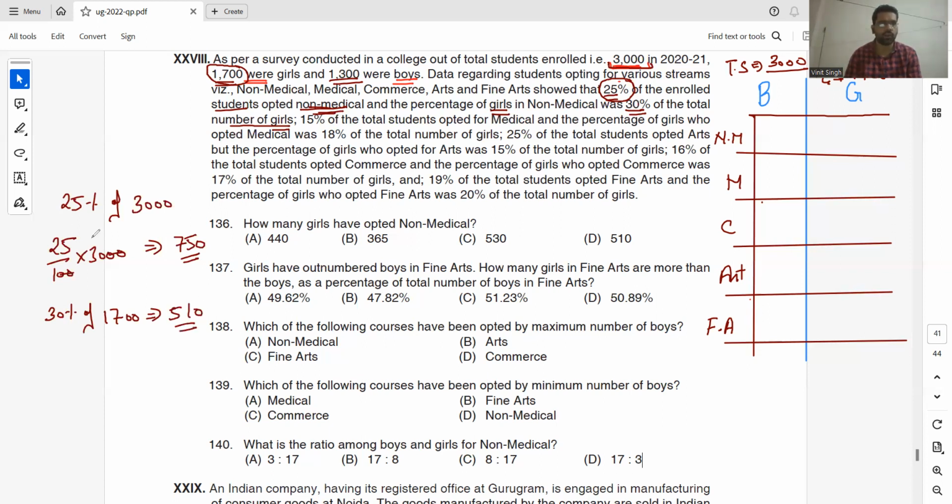The number of girls enrolled in non-medical is 510 and the total number of students enrolled in non-medical is 750. So the number of boys will be 750 minus 510, which is equal to 240. So 240 are the boys and 510 are the girls. Next.